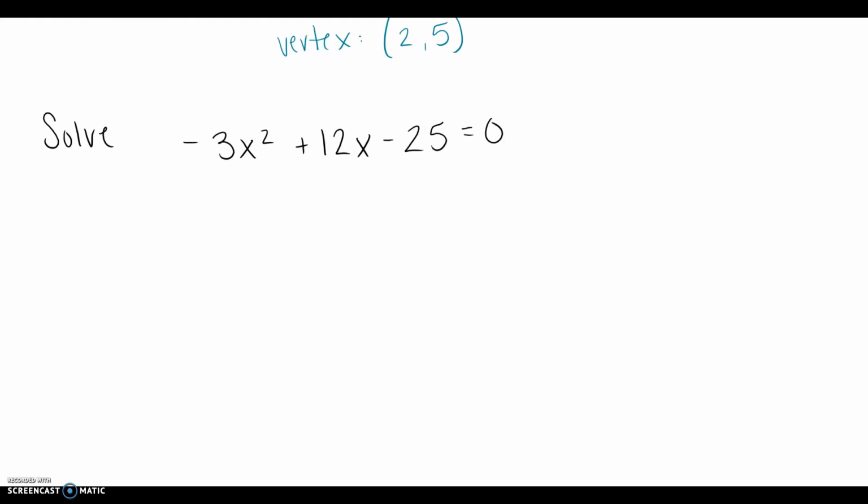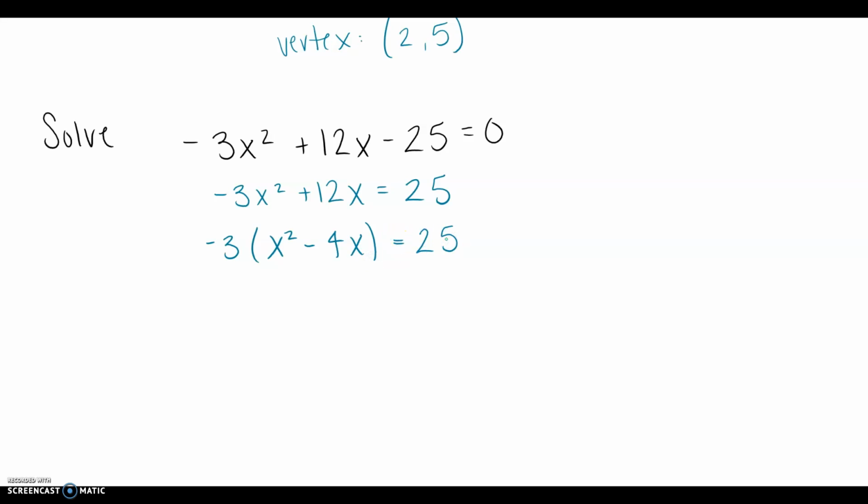So same first step, I'm going to move over my 25. So we have negative 3x squared plus 12x equals 25. Now, because I have an a value, I need to factor that out. So I'm going to take out my negative 3. I am left with x squared minus 4x equals 25.